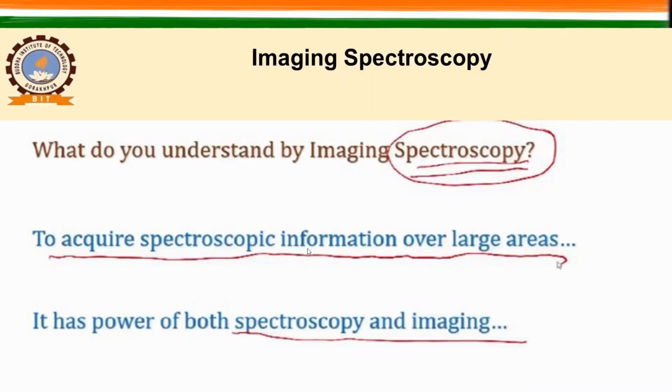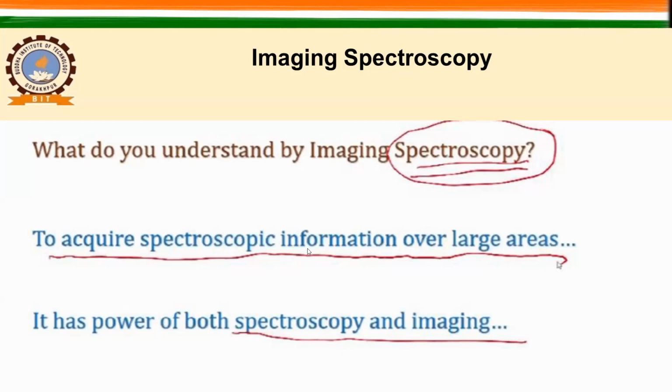So what do you understand by imaging spectroscopy? You have already understood the spectroscopy component using a spectroradiometer, and there are many other instruments used to derive the absorbance, transmittance, reflectance or emitted spectra, right? And once you have analyzed them, that is known as spectroscopy.